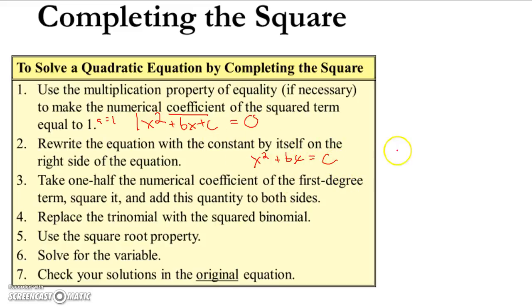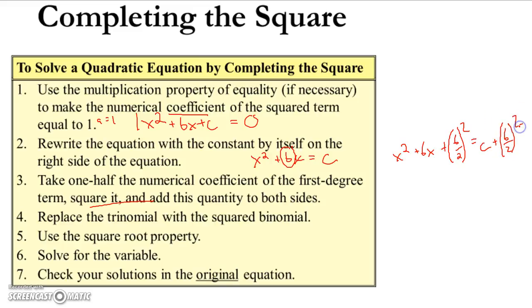Then we do the completing the square technique: we take 1/2 of the b term, square it, and add it to both sides of the equation. So this would actually be x squared plus bx plus (b/2) squared equals c plus (b/2) squared.